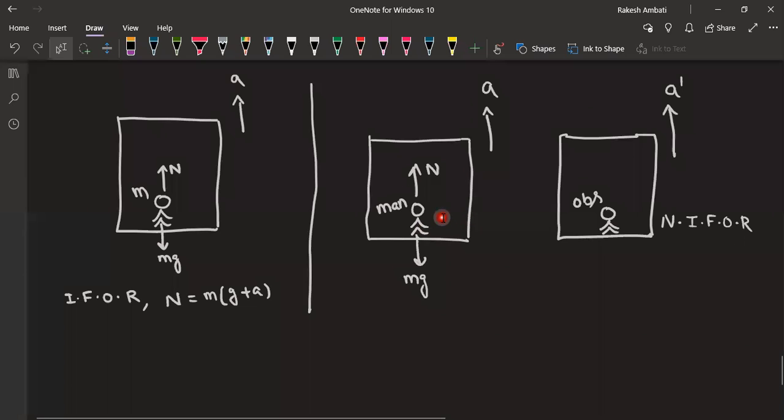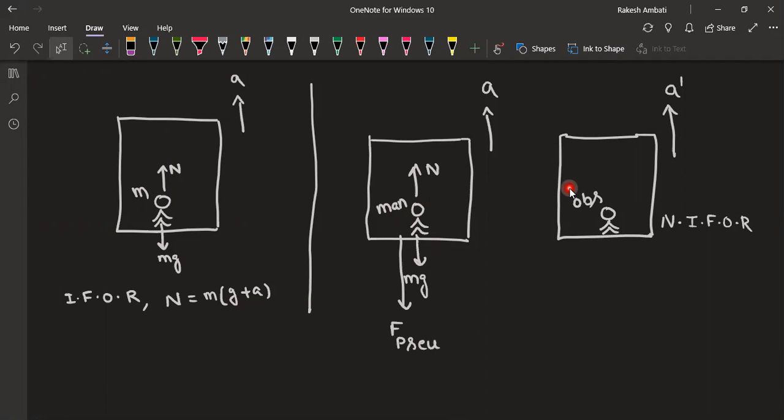Opposite to the direction of acceleration of the non-inertial frame. Here the acceleration of the frame is upward, so on the man the pseudo force acts downwards.